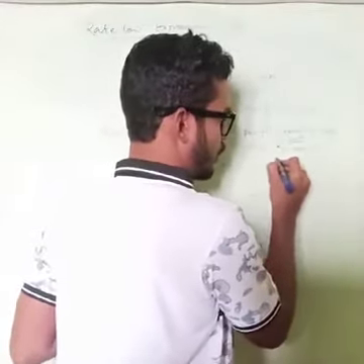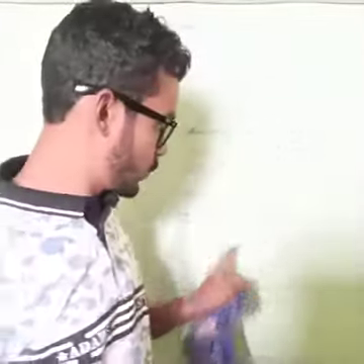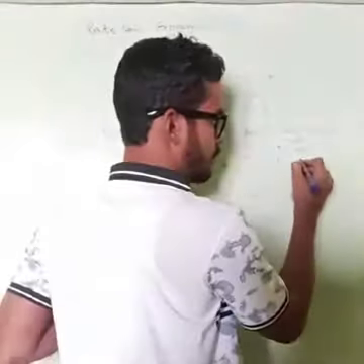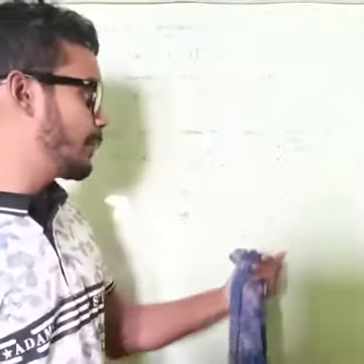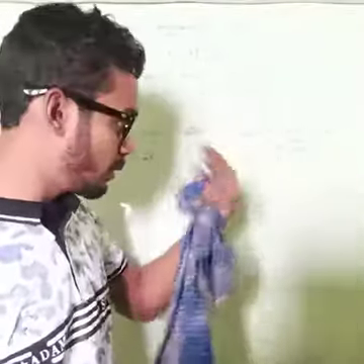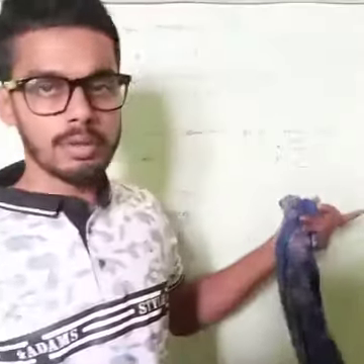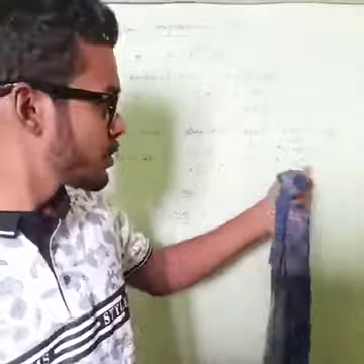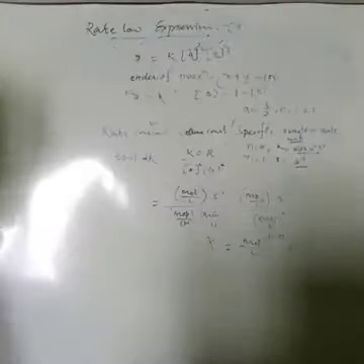If n equals 1, the unit of k, this term becomes 1, so second inverse. Likewise, you can calculate depending upon the order. Even by looking at the unit only, you can say which order it is. Second inverse, first order.